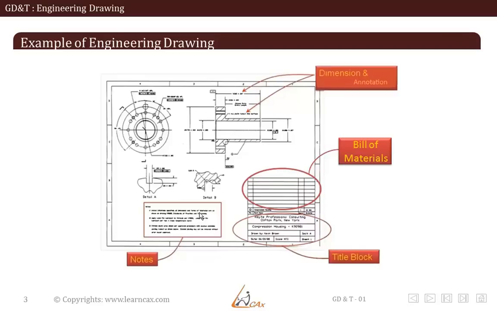On the center bottom section you will find the notes, which will give some textual explanation of the drawing the sheet contains. As you can see, it also contains a border around the sheet, and last but not the least, you will find the main drawing, which would also contain some dimensions and annotations. So this actually completes the engineering drawing.